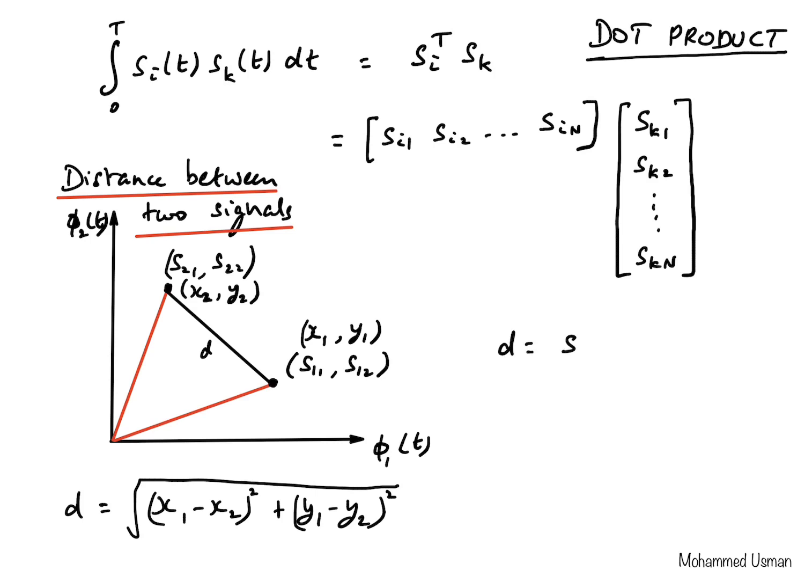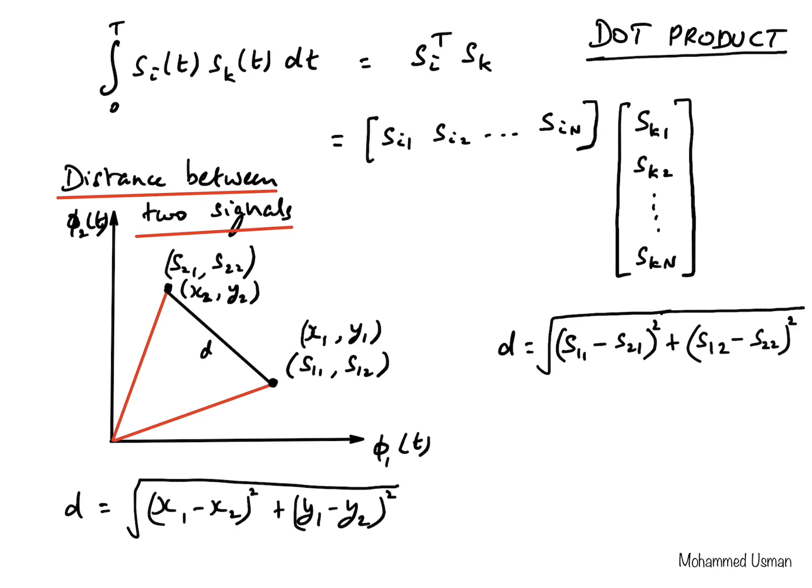So we can write this distance d as s11 minus s21 the whole square plus s12 minus s22 the whole square, and that's going to be under the root. Okay, so that's the basic way of finding the distance between the two signals.